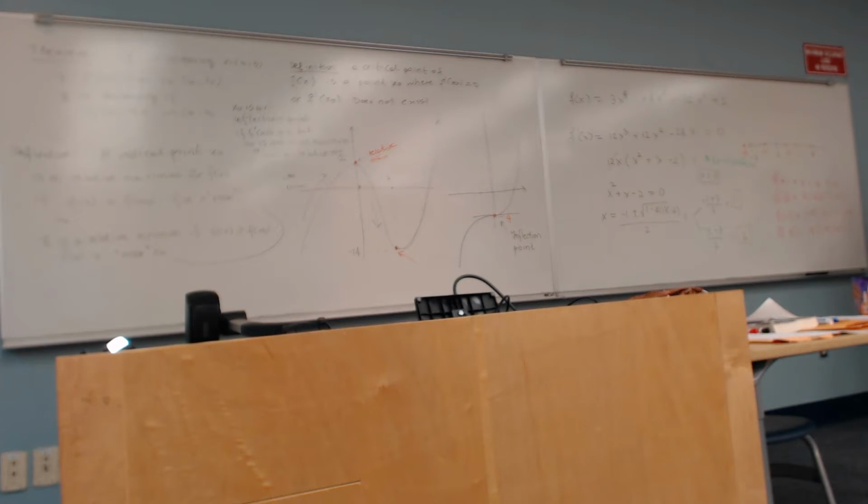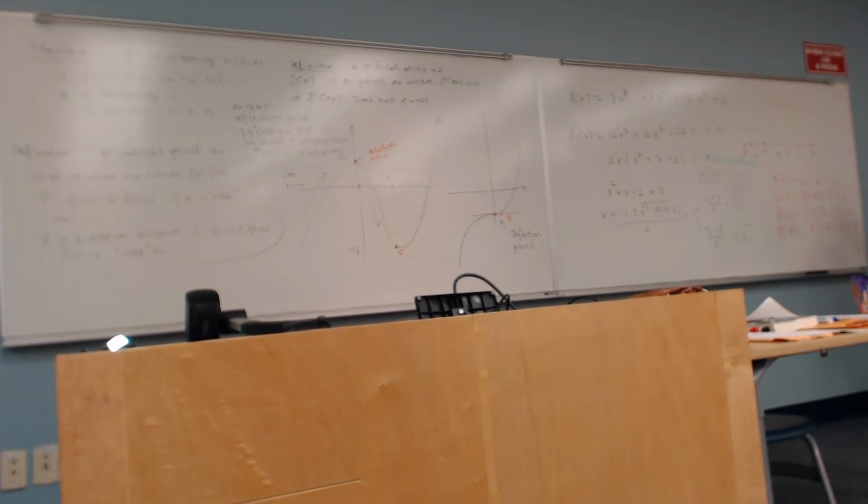Let's do it first as it should be, and then I'll show you what happens if I make a mistake. Actually, I should have done this last, because I want to start from minus 3 and move onward. So f prime of minus 3 is negative.